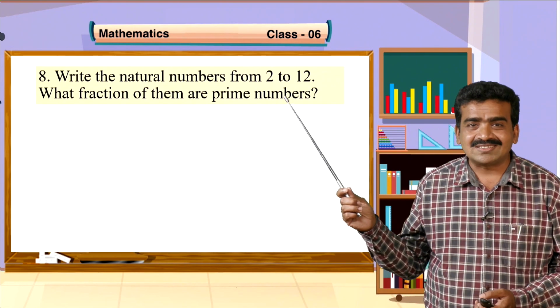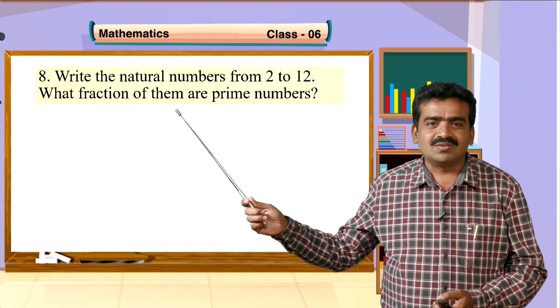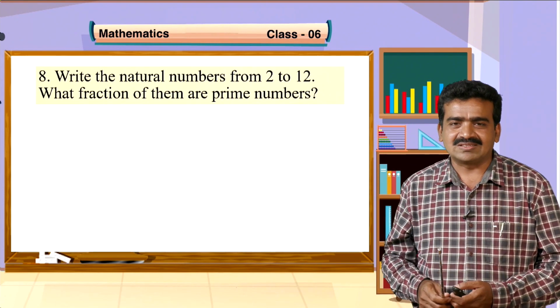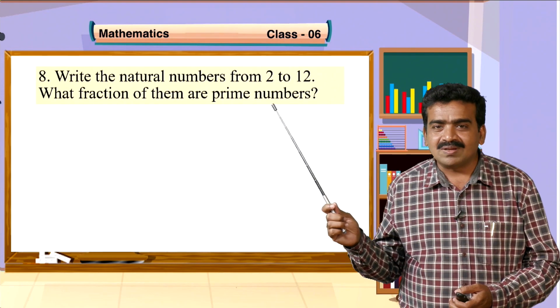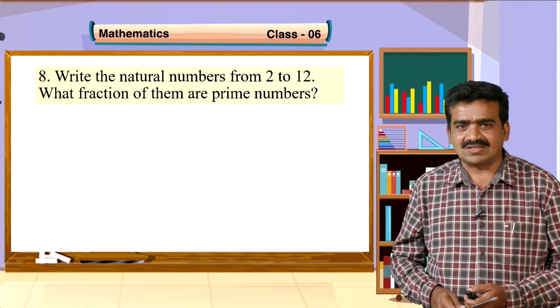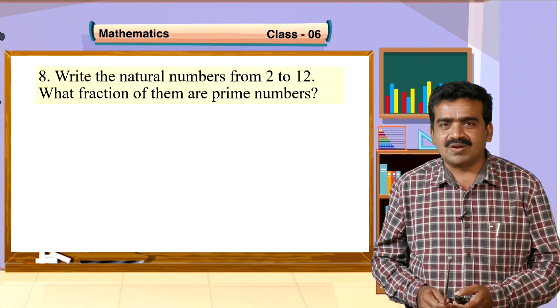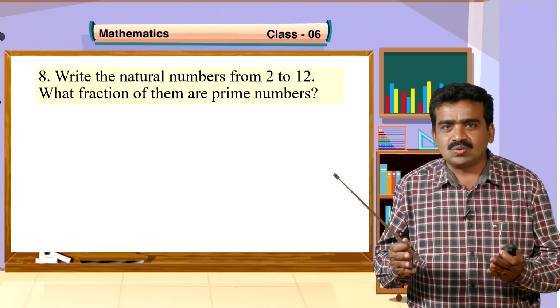Here we have to list the natural numbers from 2 to 12, out of which we have to mark the prime numbers. We have to represent the number of prime numbers from the numbers 2 to 12 in terms of a fraction. So, here what do we have to do? First you have to write the numbers from 2 to 12.